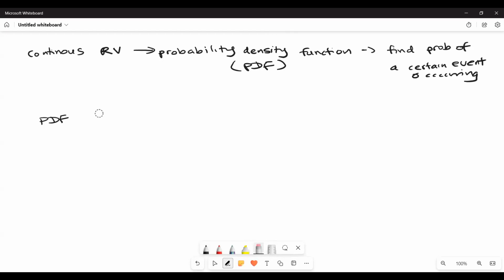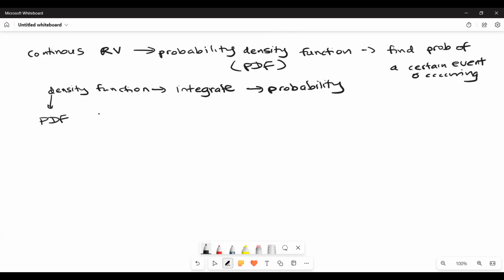Therefore, we have to keep in mind that whenever we have a density function, we have to integrate it to find the value out of it. We always need to integrate it to find the probability.